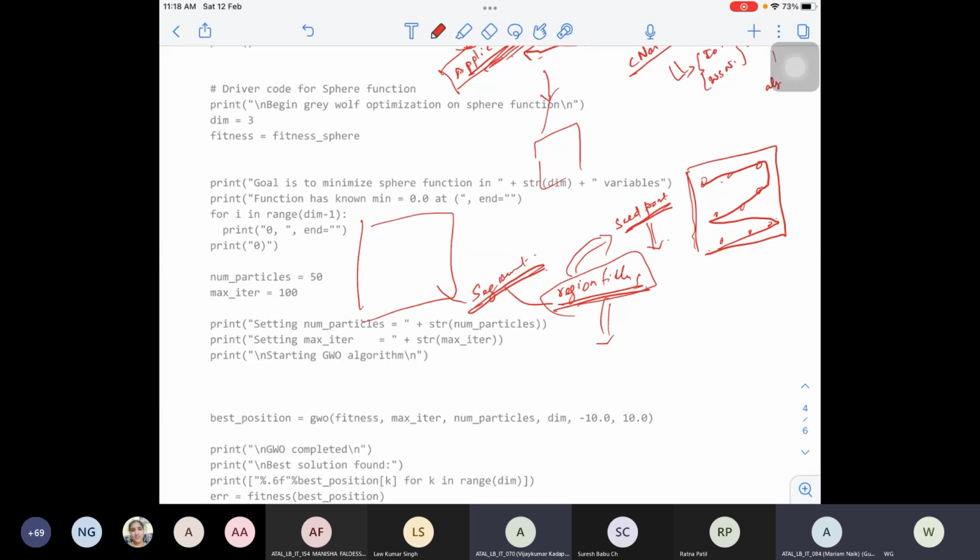So you can use some bio-inspired techniques to find the seed points. This can be one specific application. Similarly, you can have plenty of them, maybe with respect to removing some of the fuzziness in the segmentation output. There also you may find applications for bio-inspired algorithms.